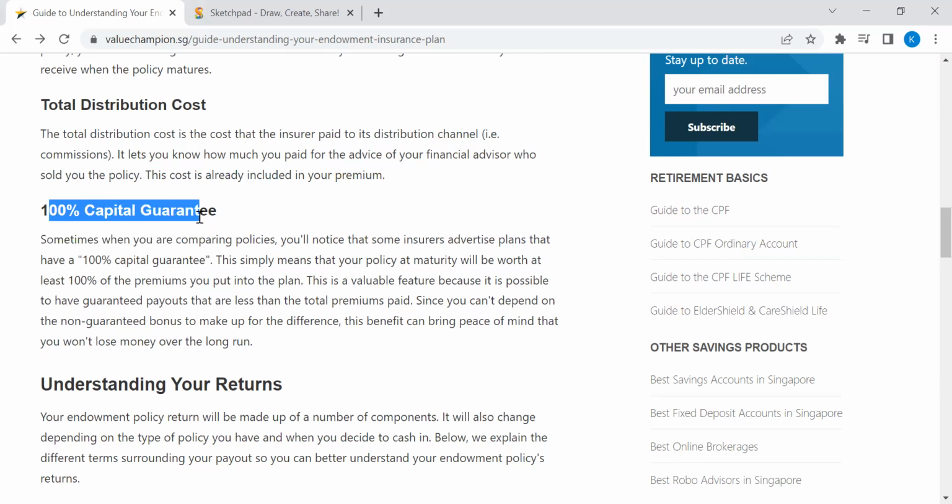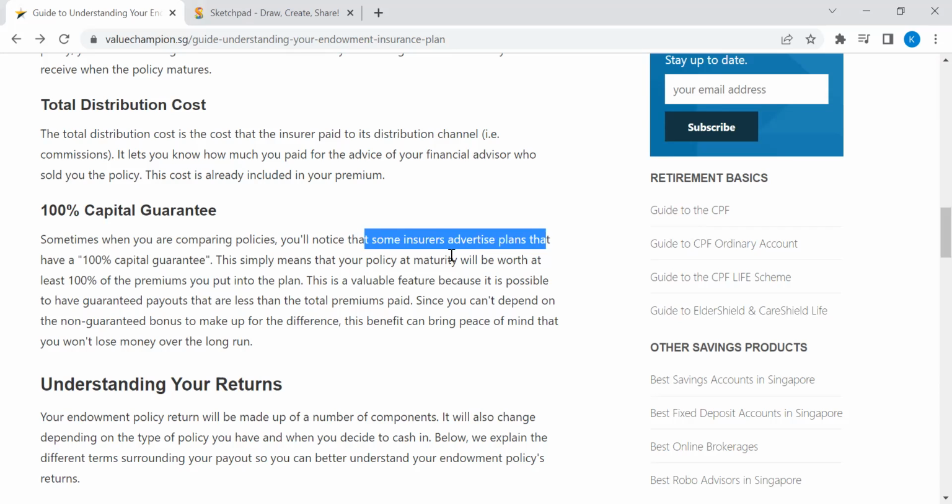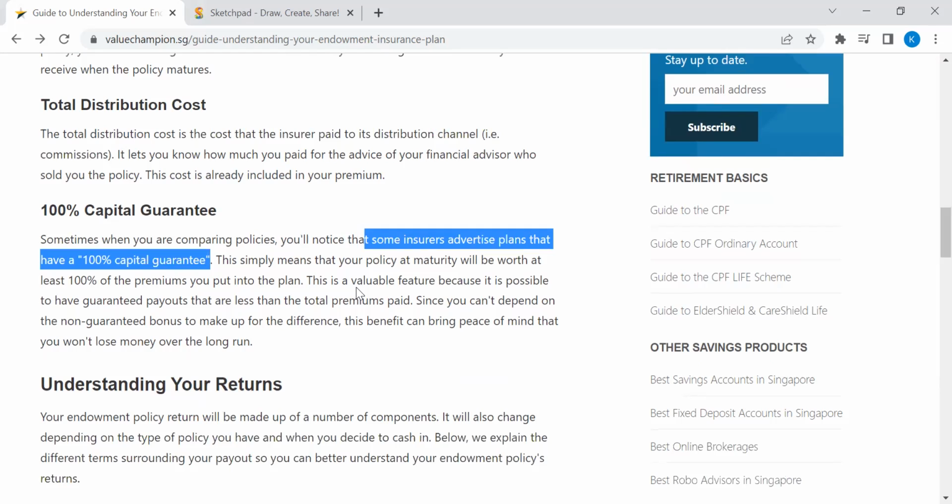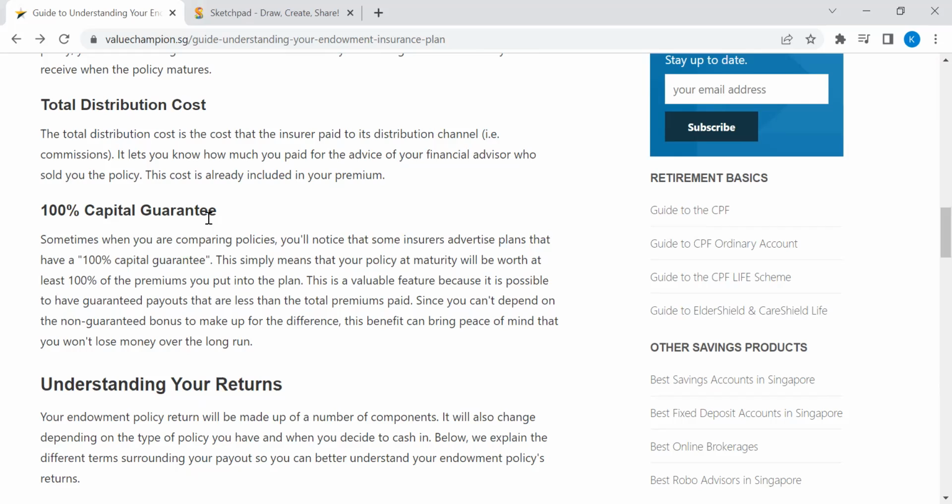Okay, 100% capital guarantee. Some insurers advertise plans that have 100% capital guarantee. This depends on the illustration, right? If the guaranteed capital at maturity is higher than the total amount of premium paid, then we can say that this is a plan that offers 100% capital guarantee.